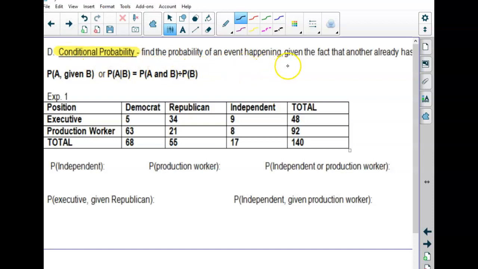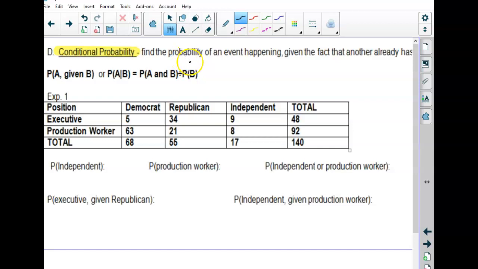All right, conditional probability, particularly with a table, is always on the SAT. It's some kind of table questions about this. Conditional probability is usually when you use the word given, okay? Find the probability of an event happening given the fact that another event has already happened.